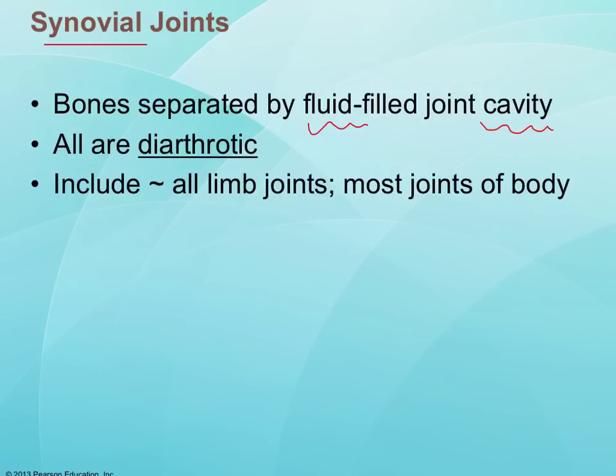This fluid lubricates the synovial joint and allows this type of joint to move freely. As a result, all synovial joints are diarthrotic. So they are diarthrosis. All the limb joints are synovial joints, and in fact, most joints in our body are synovial.